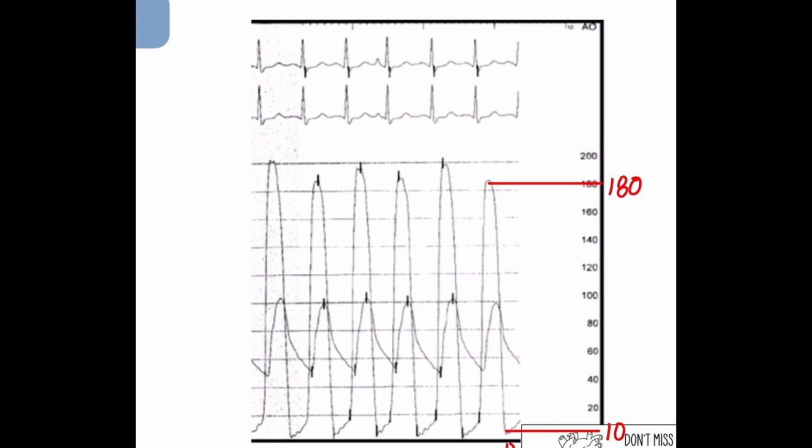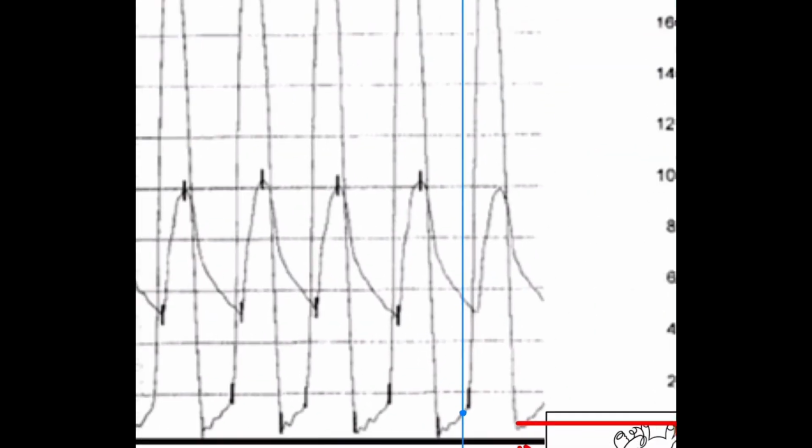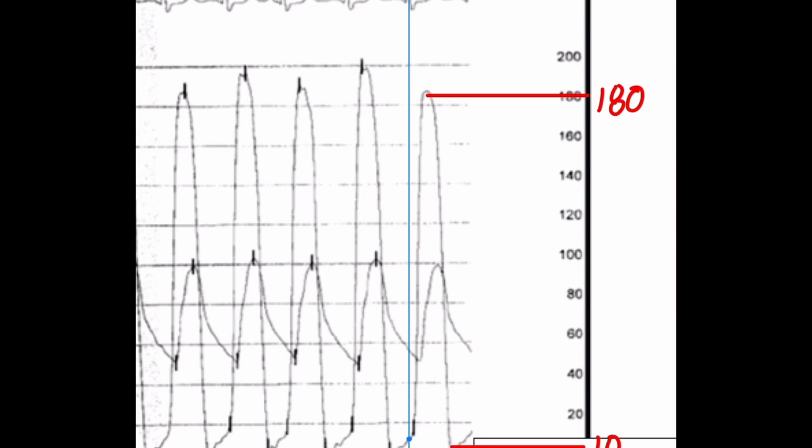And then remember, EDP we measure by bringing down a line from the R on the QRS complex, and where it intersects, so right here, is going to be our end diastolic pressure, which is probably more like 10 than the other one.